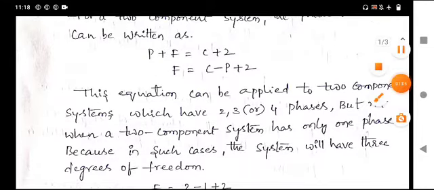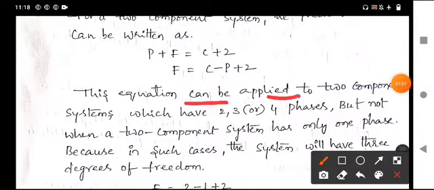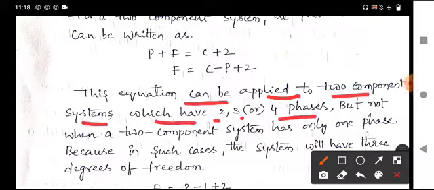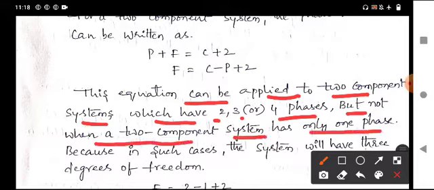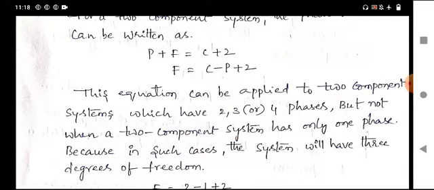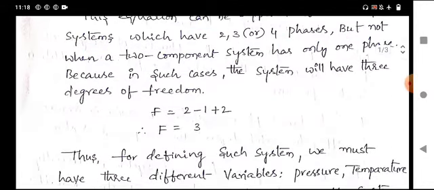So this equation can apply to two component systems which have 2, 3 or 4 phases also, but it is not applicable when a two component system has only one phase, because in such cases the system will have 3 degrees of freedom.